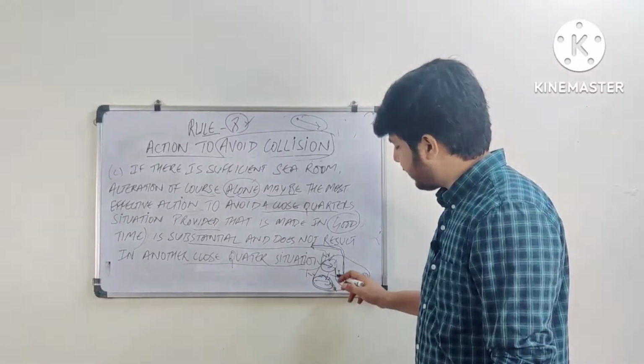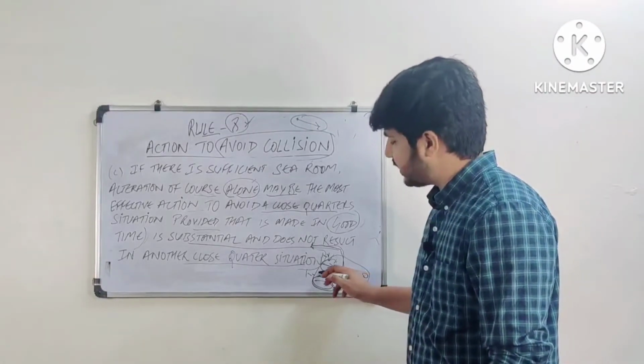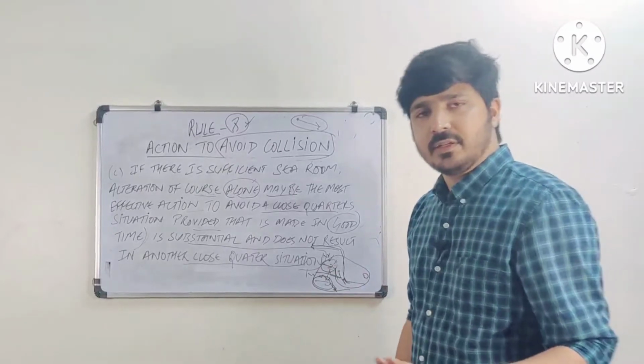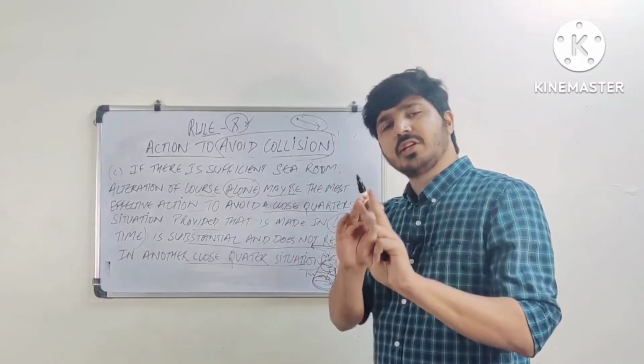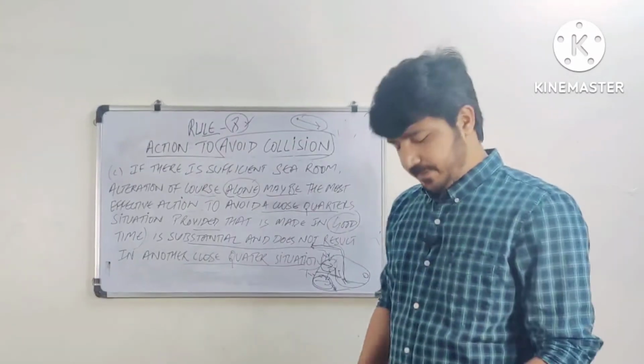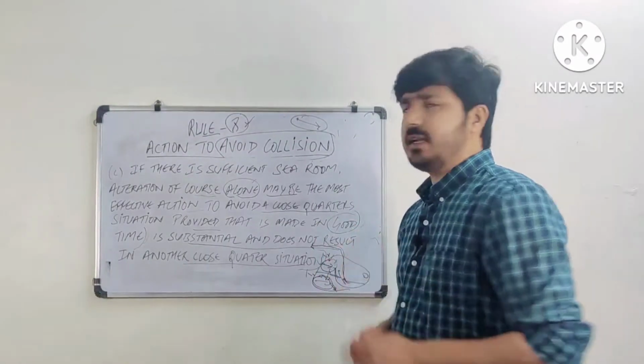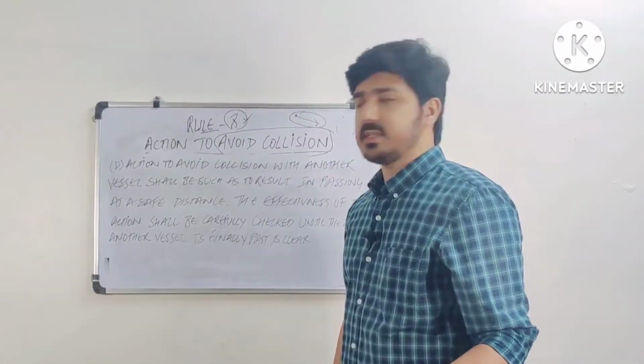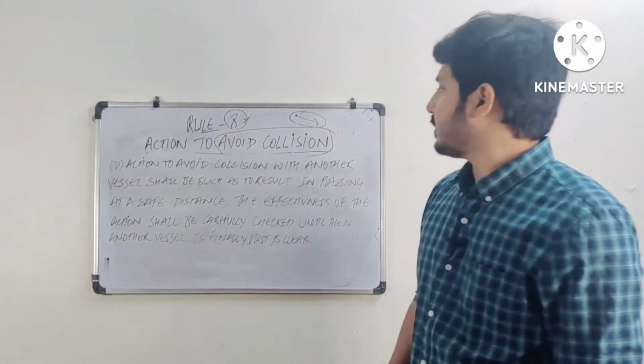This vessel will go to the starboard and you will have sufficient sea room to pass easily, no problem. So you can do two things: alteration of the course, alteration of the speed. That is what we discussed earlier. Okay, so let's jump on to the next part. Okay guys, so collision with another vessel shall be.